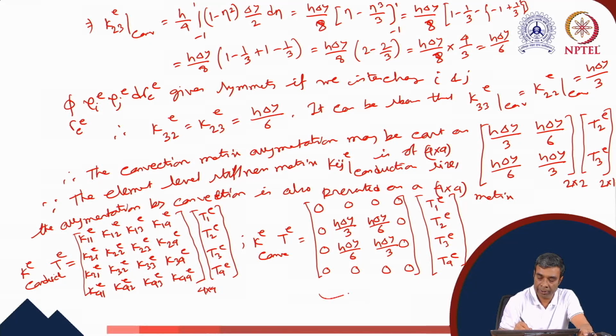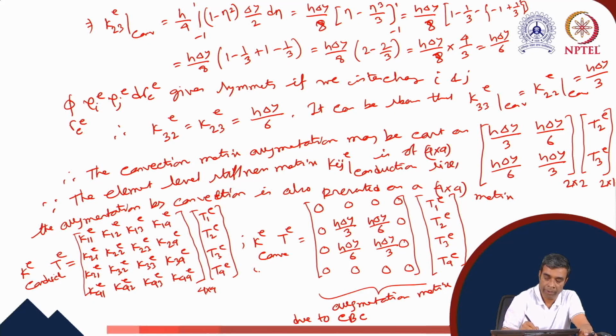So this is the augmentation matrix due to CBC. This K convective is a symmetric matrix.